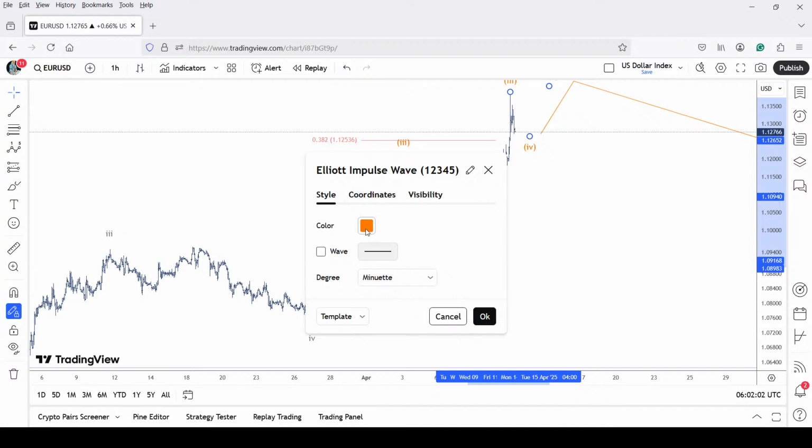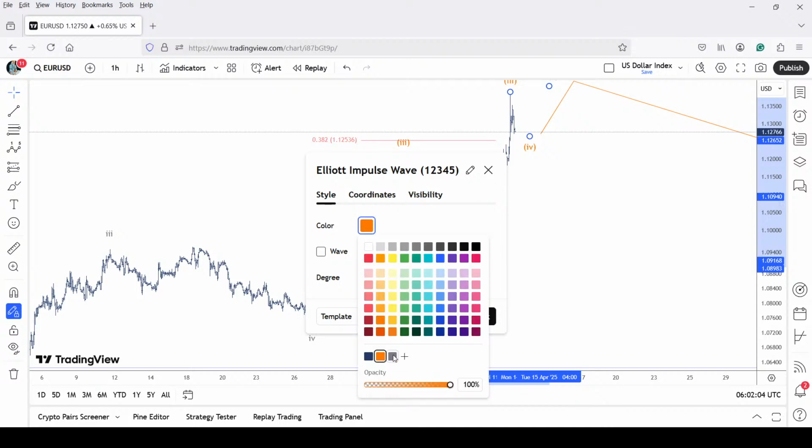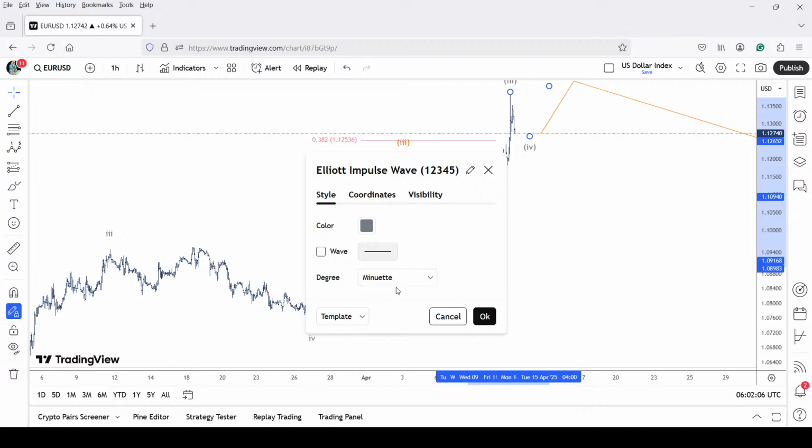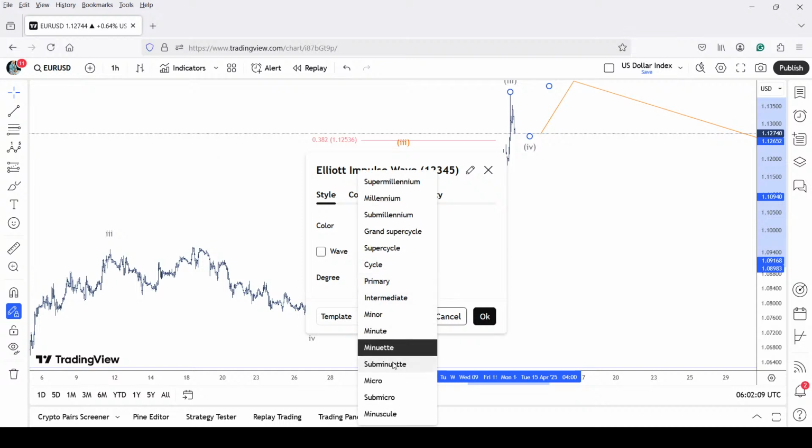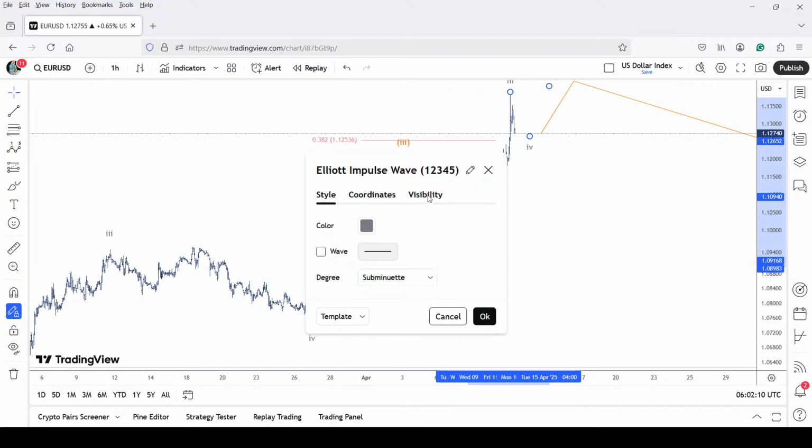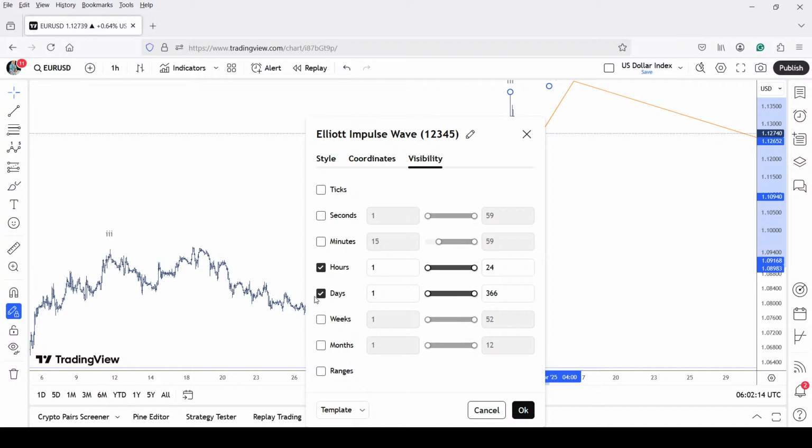So let's change the color and degree to sub-minute and visibility to just an hour. All right.